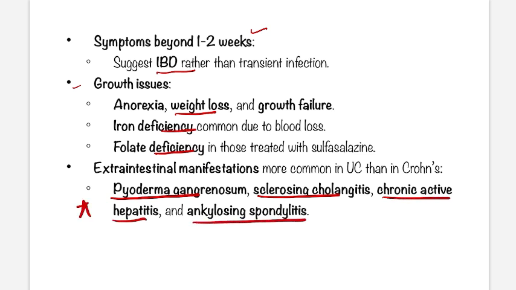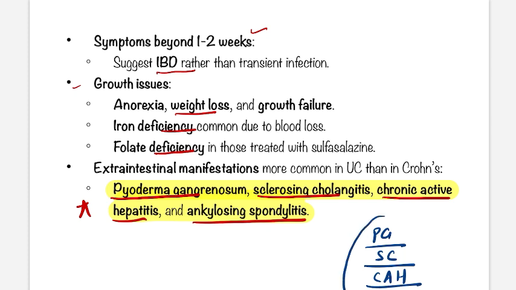This is a very important statement and has been tested many times in professional or practical exams. So again I am highlighting this important consideration: pyoderma gangrenosum, sclerosing cholangitis, chronic active hepatitis and ankylosing spondylitis. You can remember by a mnemonic, or make your own mnemonic.